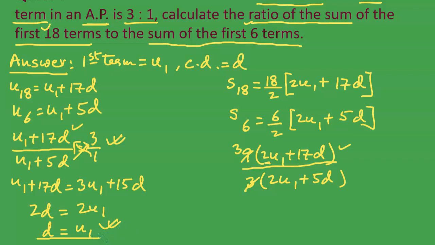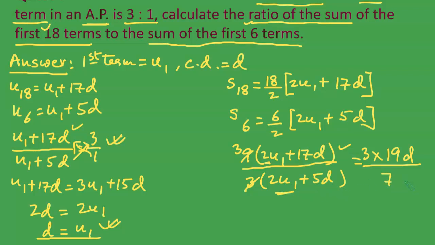Because U1 has a subscript, I would prefer to take D. So in place of U1, I will write D. So this is equal to 3 times, in place of 2U1, it is 2D, 2D plus 17D is equal to 19D. And over again 2U1 in the denominator, so 2D plus 5D, that is 7D.